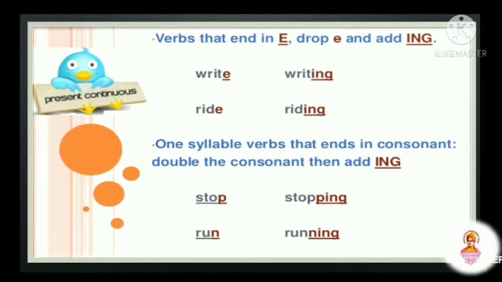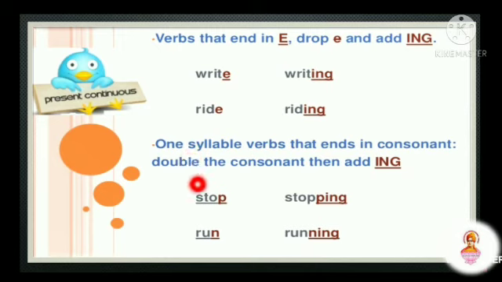That is present participle. How to make a present participle from the verb. Here, write. Here you can see the last letter ends with E. So you have to drop this. Drop and add ing at the ending. Writing. Like this, ride. You can drop this and ride, riding.